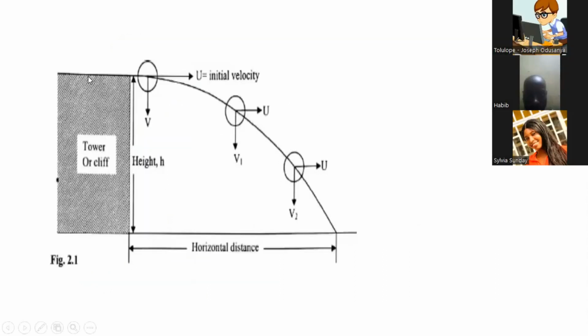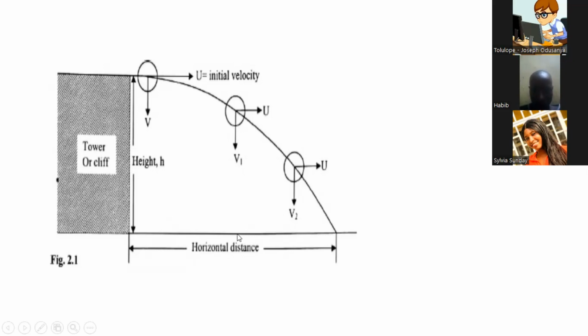Look at these objects. This object is on the tower. It is being projected horizontally from the top of the tower. I told you it is under two influences.